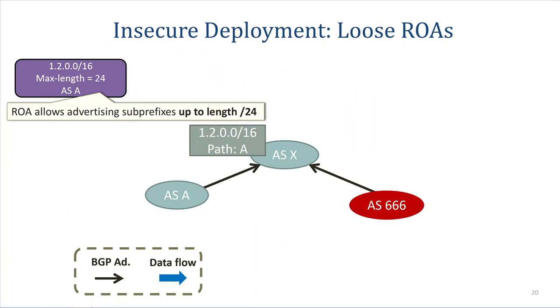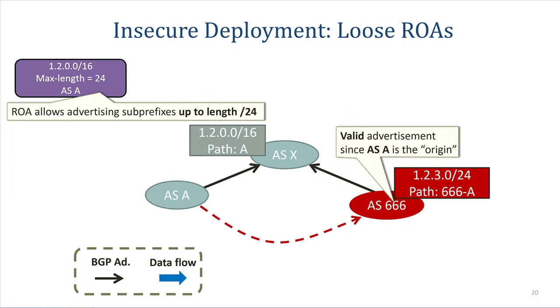So what can the attacker do? Well, it cannot claim to own the IP prefix, but it can advertise a spoofed link between itself and the ASA. And if it would just announce the same prefix, then in this case, ASX would actually send the traffic to ASA because its route appears to be shorter. But the attacker can actually exploit this ROA and specify a sub-prefix.